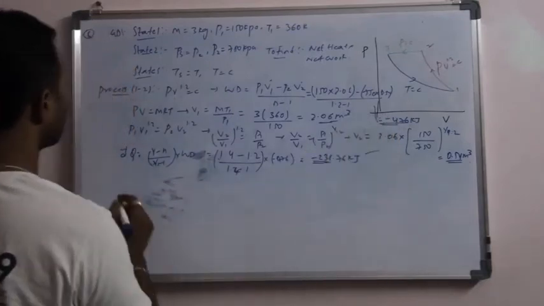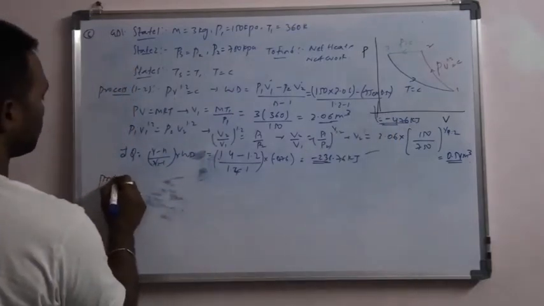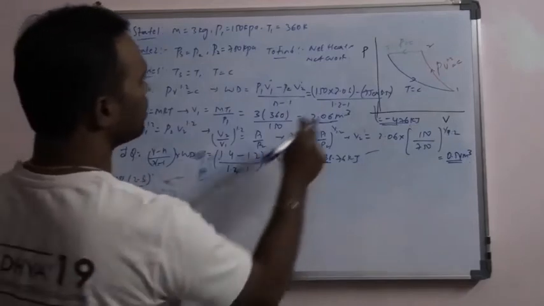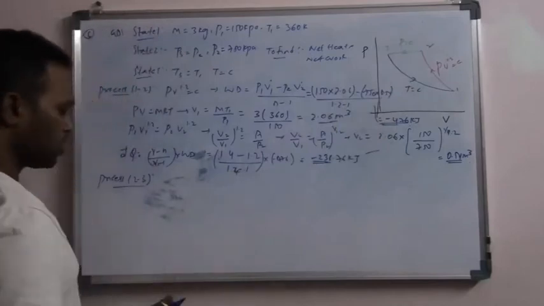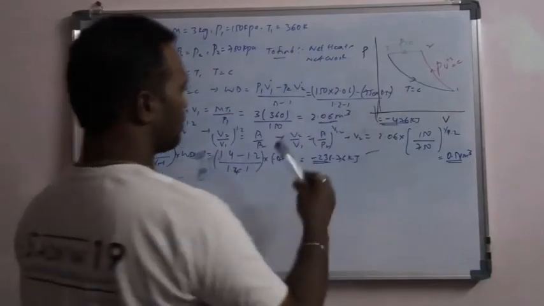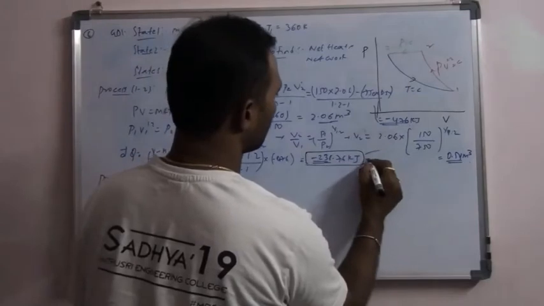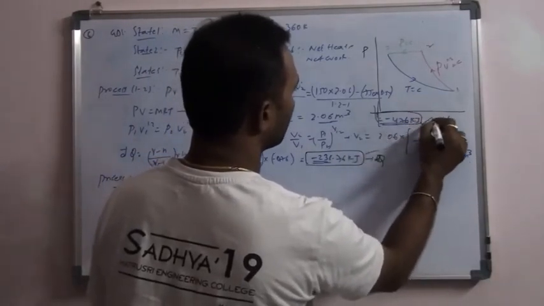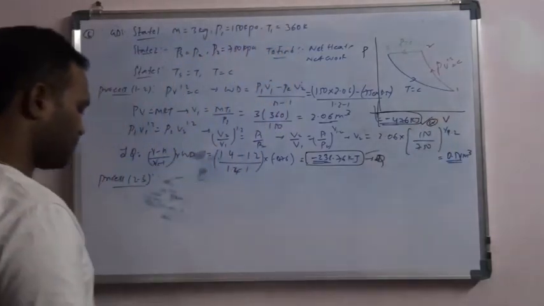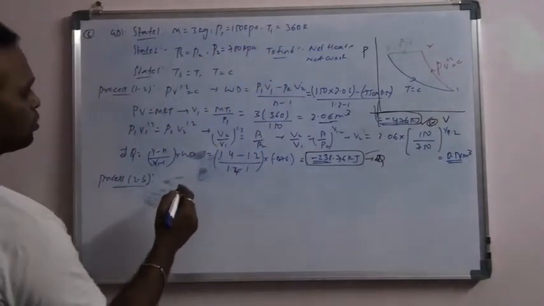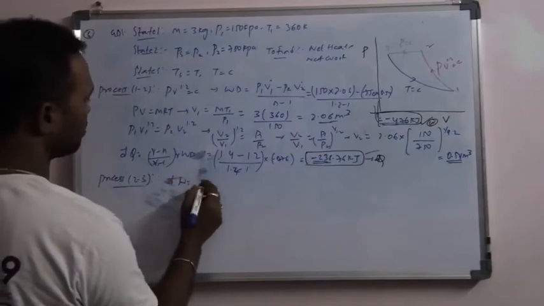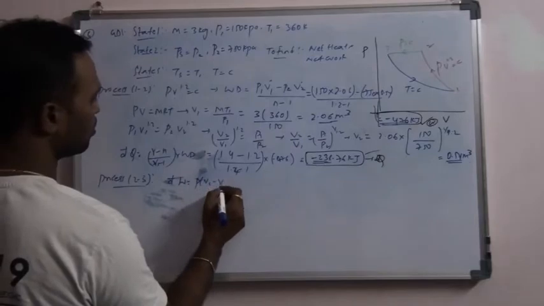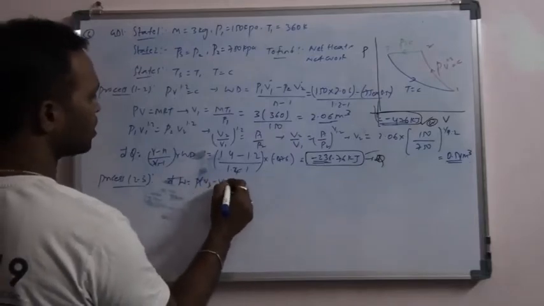And this is the work for process 1 to 2. Now let us move on to process 2 to 3, which is given as a constant pressure process. This is the value for heat, and this is for work. For process 2 to 3, work d'W is P into (V3 minus V2).